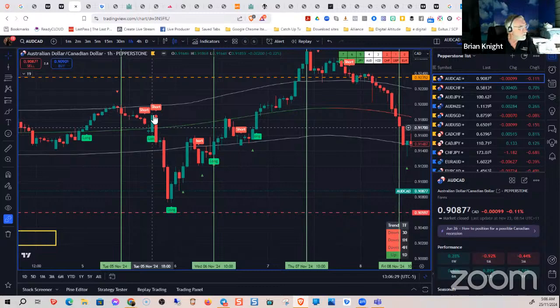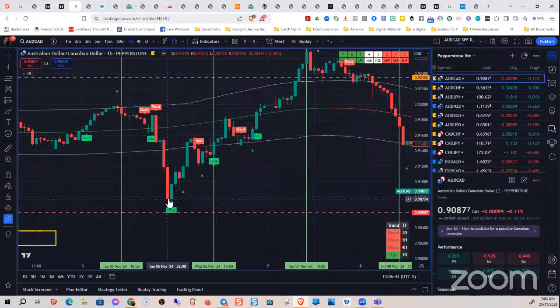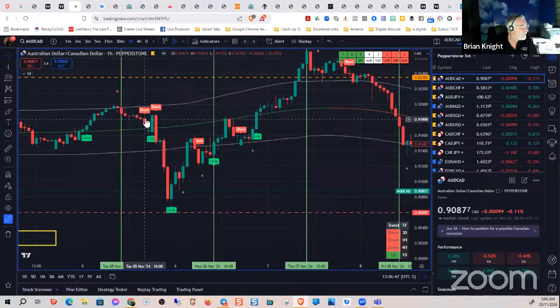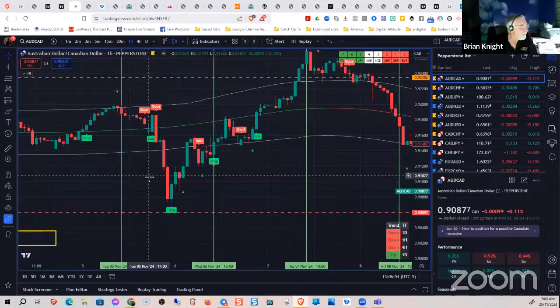It does this push up, creates this fair value gap in here, and then off it goes down. No, the fair value gap was created at the short, between there and there. Yeah, and that had to come back and fill it. And that's what it did. Exactly.